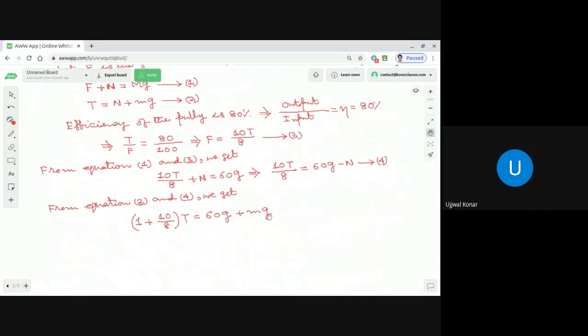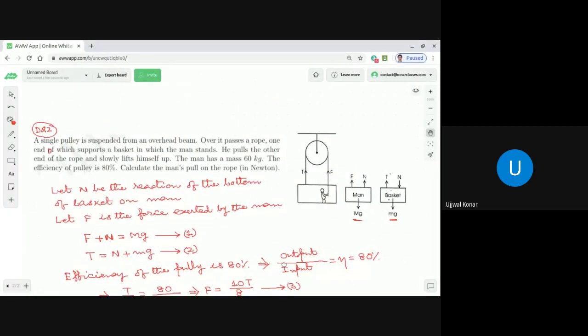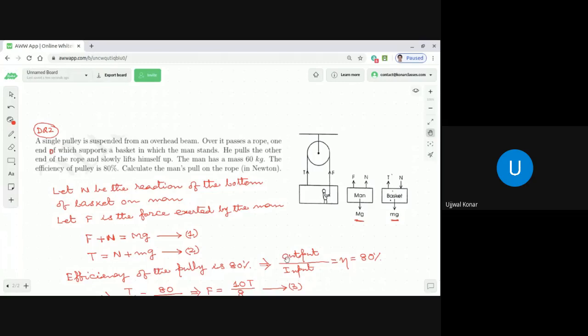So what we are going to get is that, just a minute, I need to look into it here. The mass of the basket must be given, otherwise it is of no meaning.